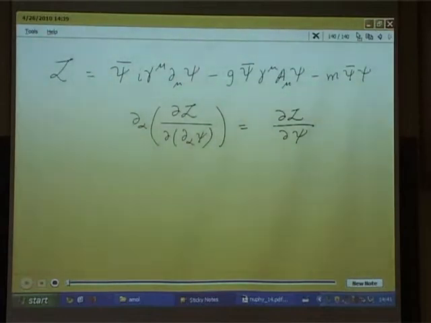So we can write down the first term: del L by del of del_mu psi will become psi bar i gamma^mu, but this gives me a delta of mu and alpha. It's important to keep track of the ranges. So this is my del L by del of del_alpha psi. Now I take the derivative of this with respect to alpha.